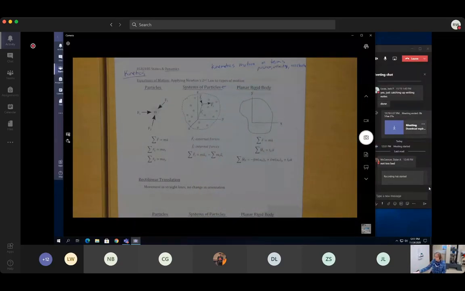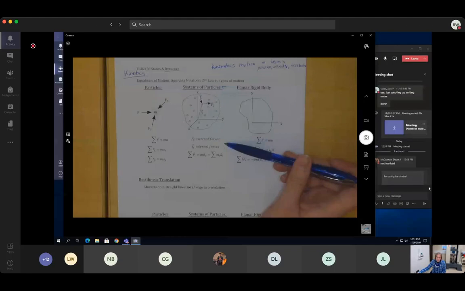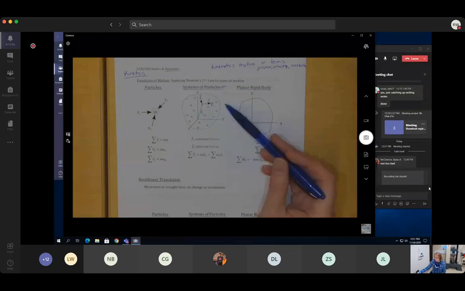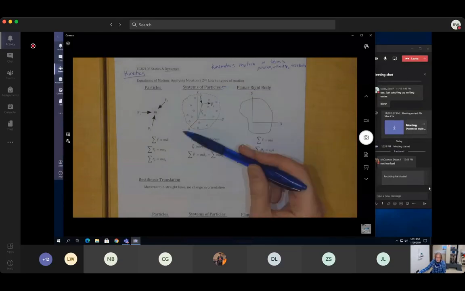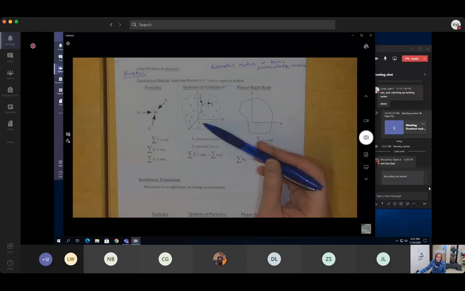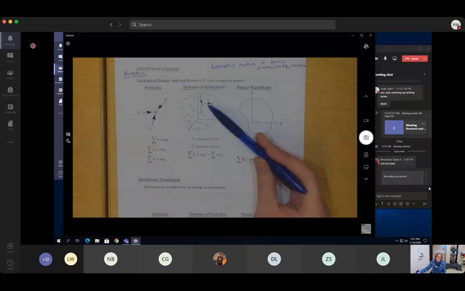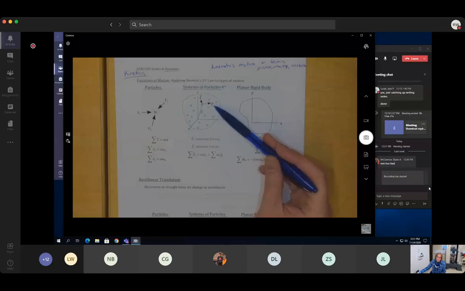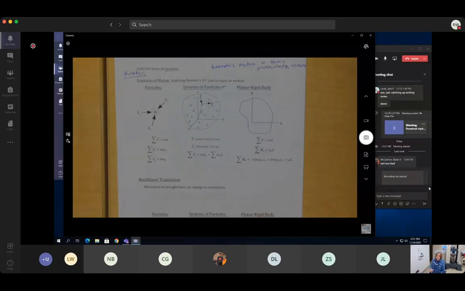And so here we've got external forces and internal forces, and we'll get into a little more detail about what we mean by those. But essentially, external forces are going to be forces coming from outside of our system. So if each of these particles is part of our system, what would be some forces that would be external to that system?